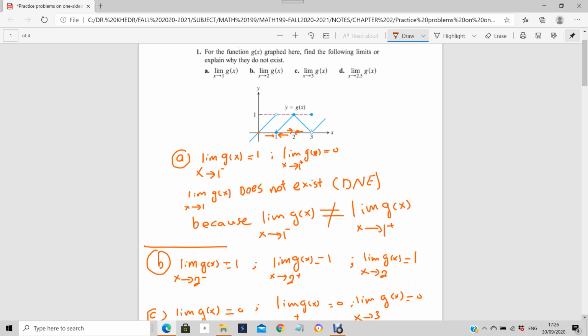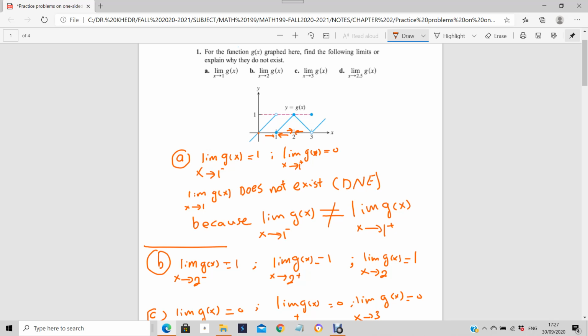To find that value from the graph is difficult because we don't know the values between 0 and 1. There is no scale. But to find the value of this limit, we have to find the equation of this line. Because the point here is 2.5, if x equals 2.5, we don't know what the value of the function is, but we can find the equation of this straight line.